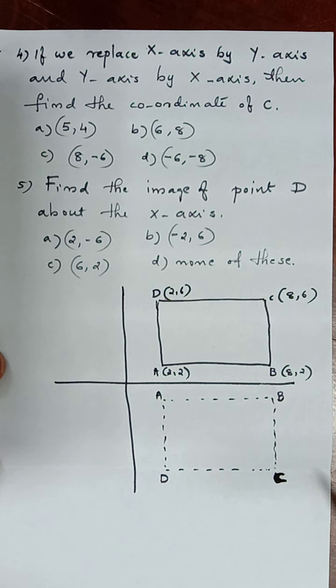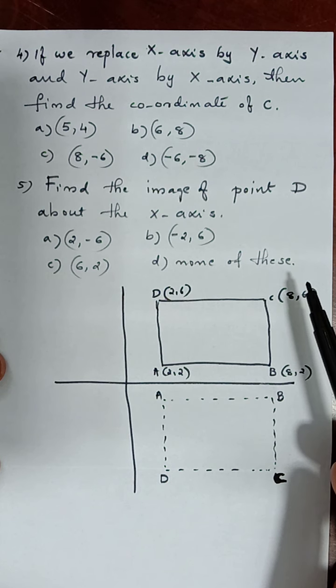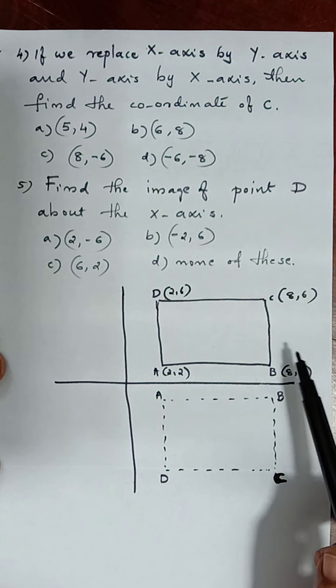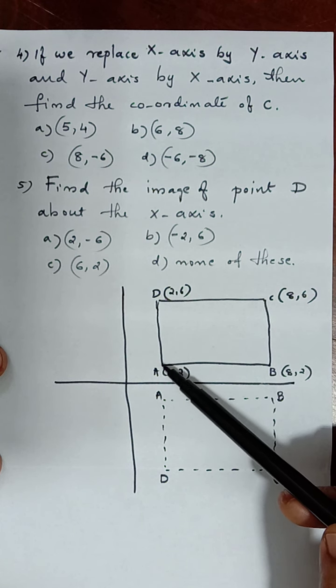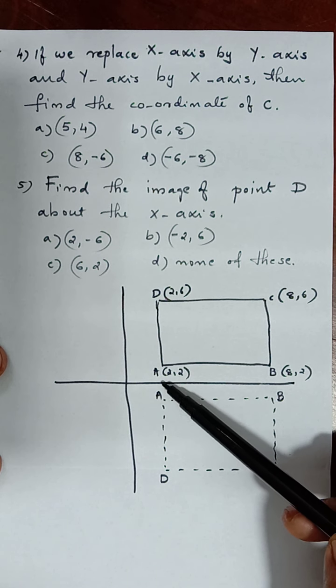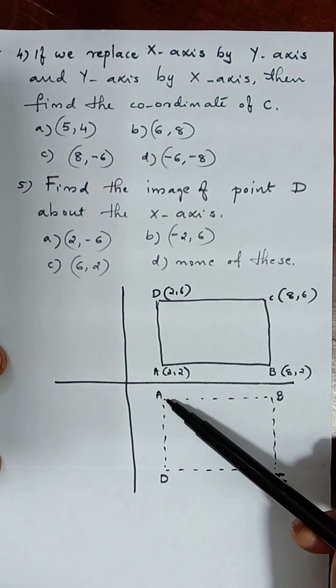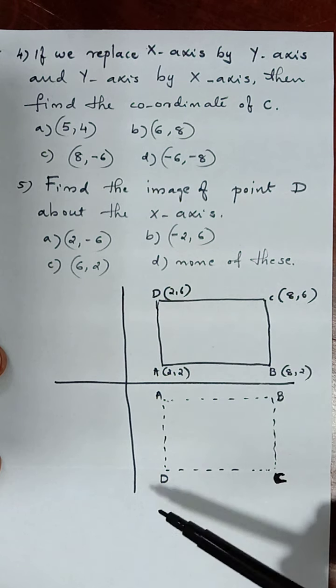So what will be the coordinate of the point D? That is the question. Find the image of point D about x-axis. If A is 2, 2, the image will come as 2, -2. For B it is 8, -2. Similarly D will come here.